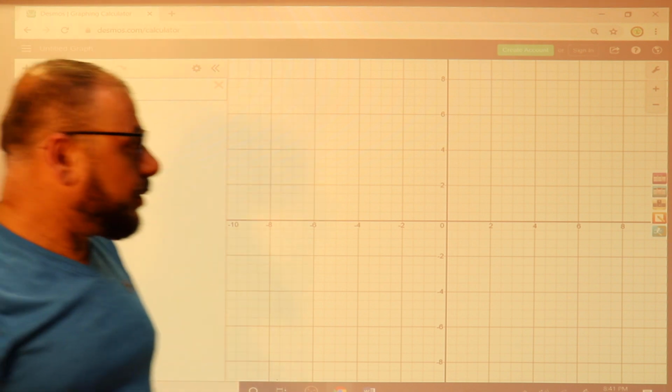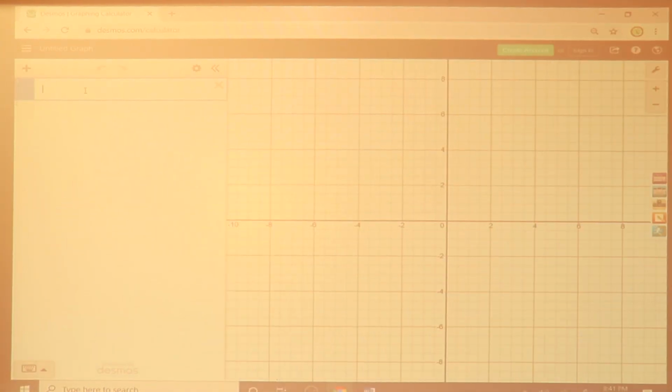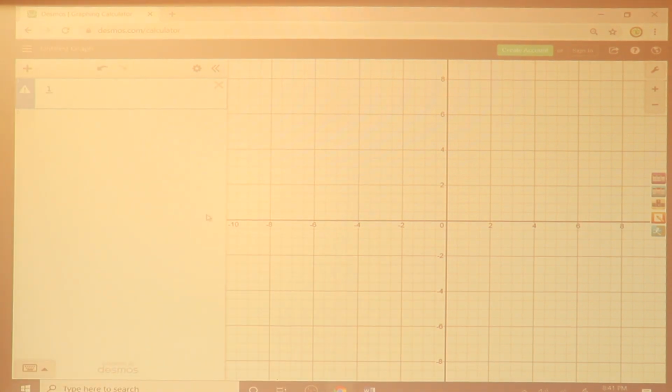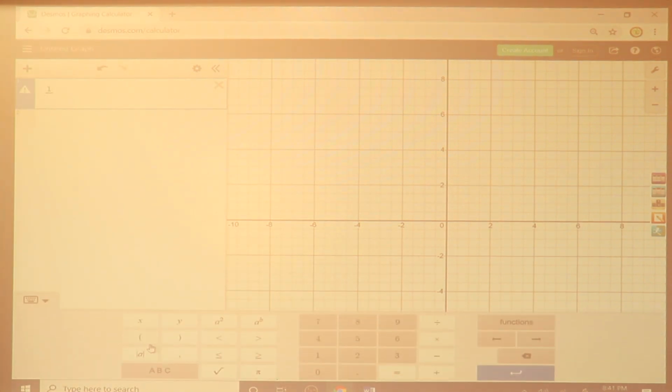One over the square root of 1 plus 2x, right? And I'm going to graph my x-axis, and the line x equals 0, and the other line, x equals 4.